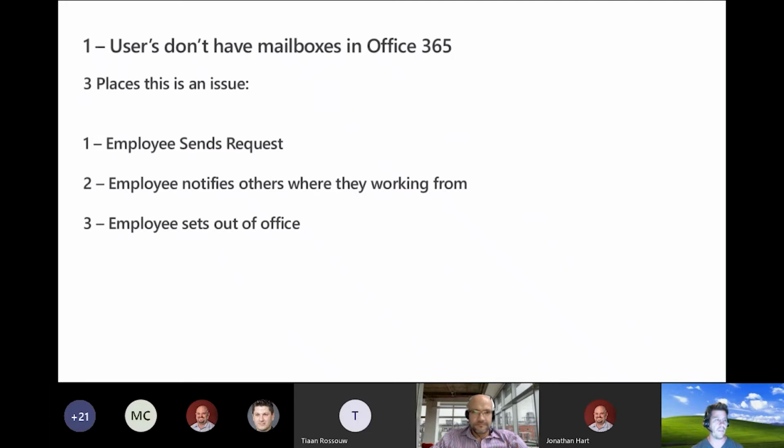The first one is when the employee hits the button called Send Request. The other one is if an employee tries to notify others that they're working from home or somewhere else. And then the last one, employees try and set out of office through the app.